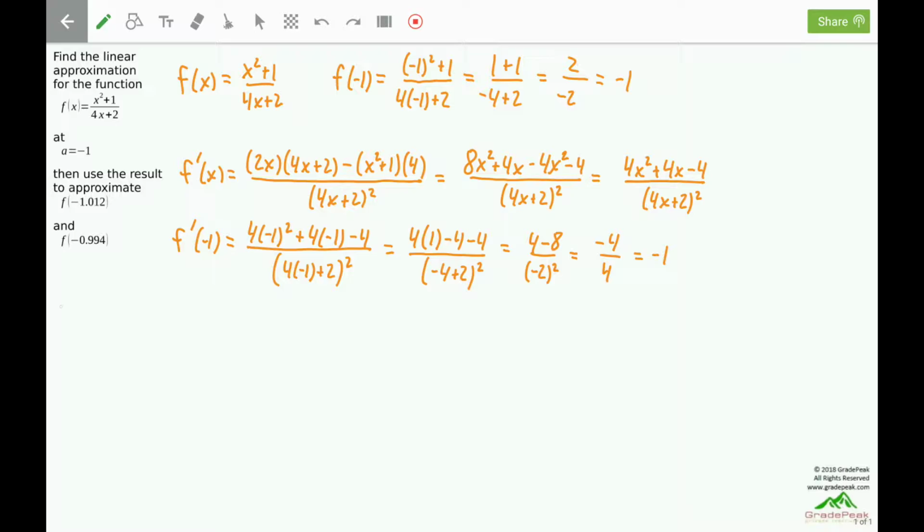The formula for the linear approximation L of x is f of a plus f prime of a times (x minus a).